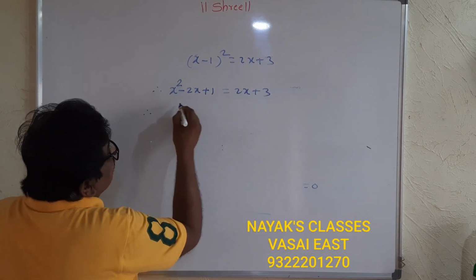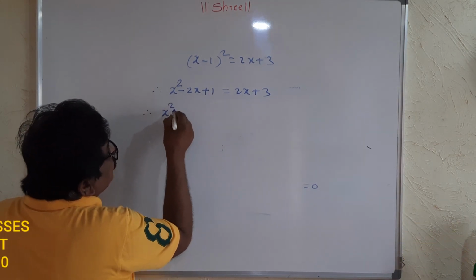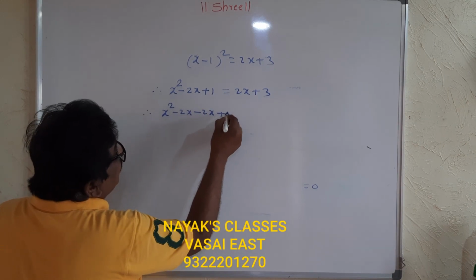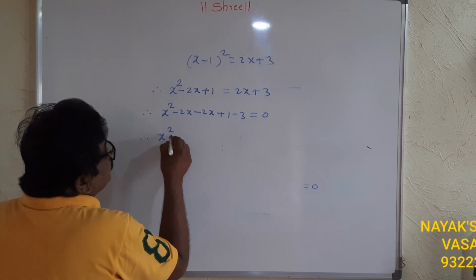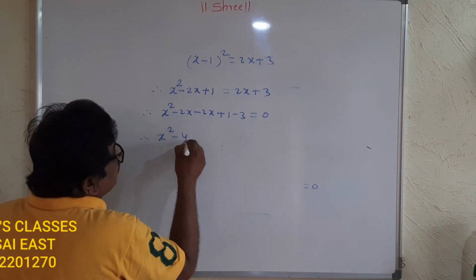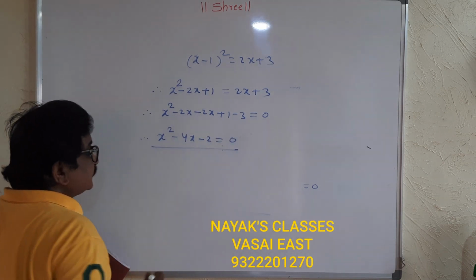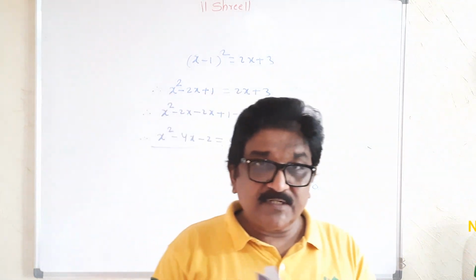Therefore, this will come this side. So x square minus 2x plus 1 minus 3 is equal to 0. Therefore x square minus 4x minus 2 is equal to 0. This is the standard form of that given equation.